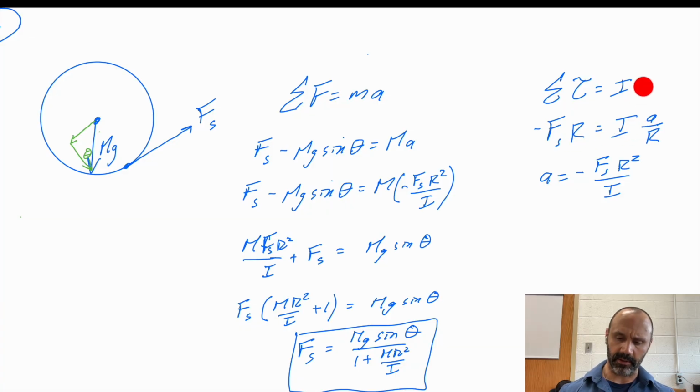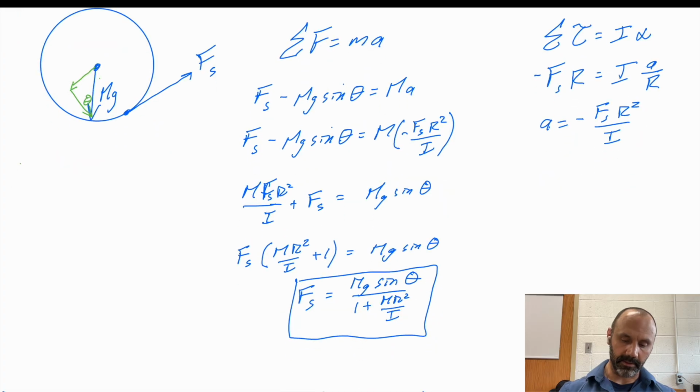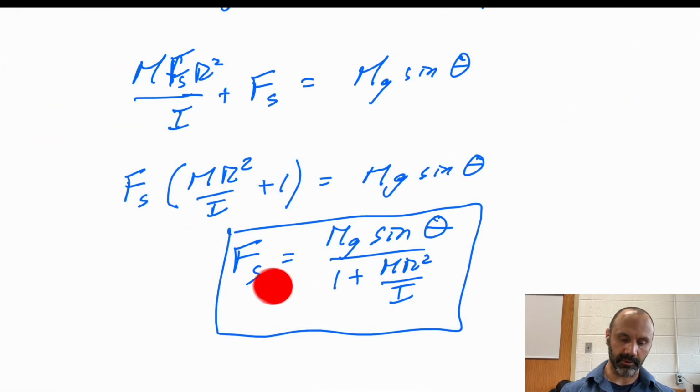And then instead of alpha, we substitute a over R. Now we solve for a, because this can then be plugged into this. Notice a is not one of the things that we can have in our final expression, so we're going to substitute that out, get rid of that. The rest of this now is just solving for Fs. So I bring the terms with Fs together on the same side, I factor out Fs, and then I divide, and I get this expression for the force of static friction.